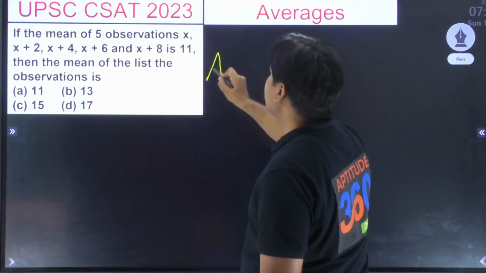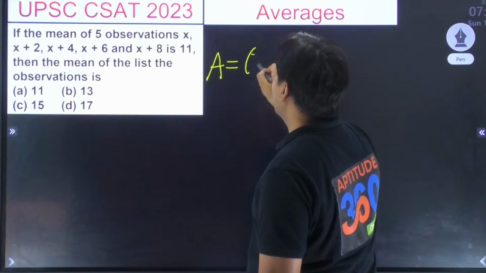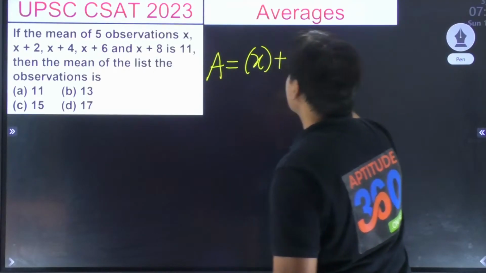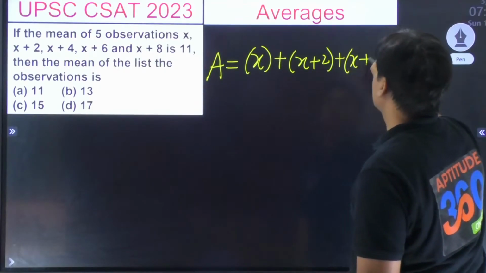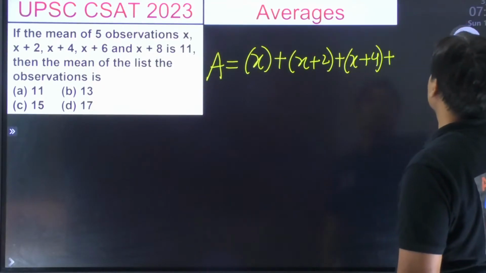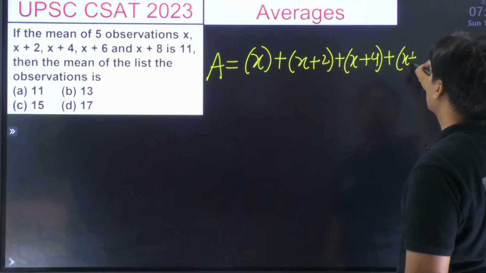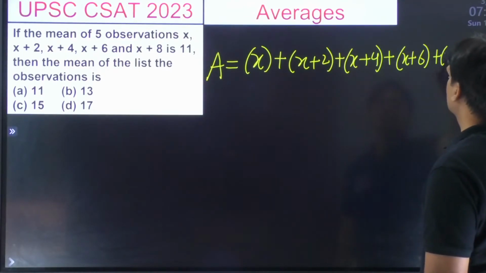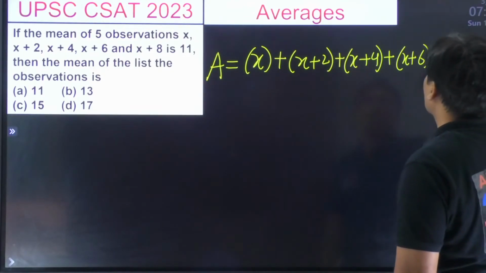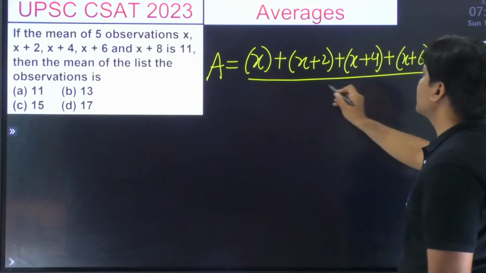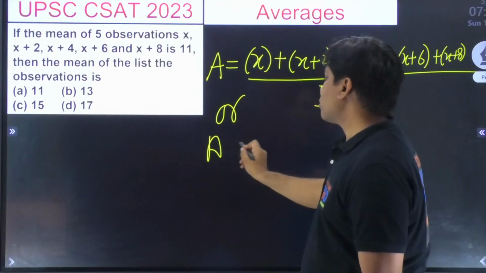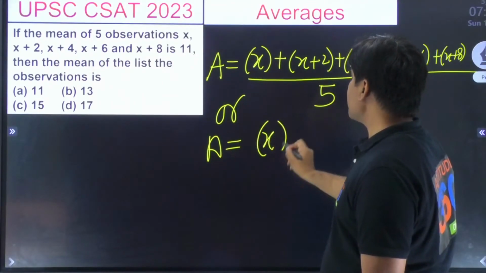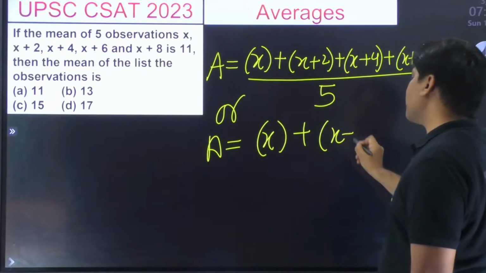If you want to find the average, you would have said x plus ... this divided by 5, or I could say that the average is equal to x, the first term, plus the last term, divided by 2.